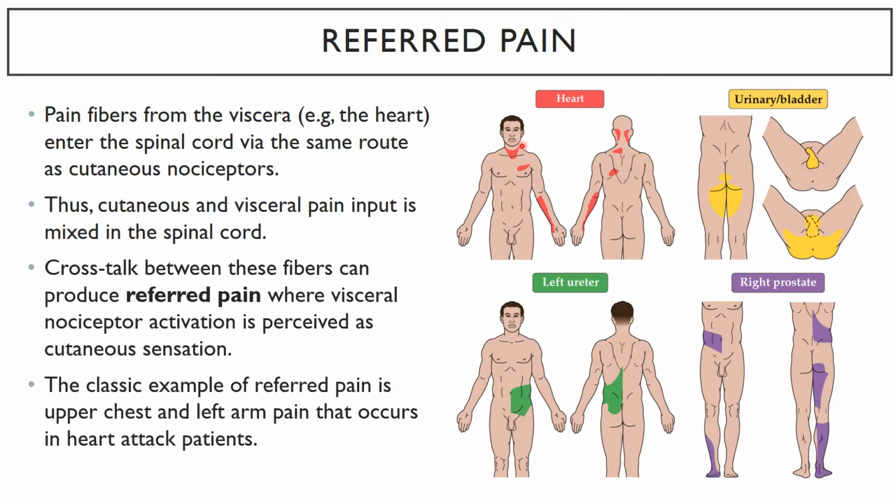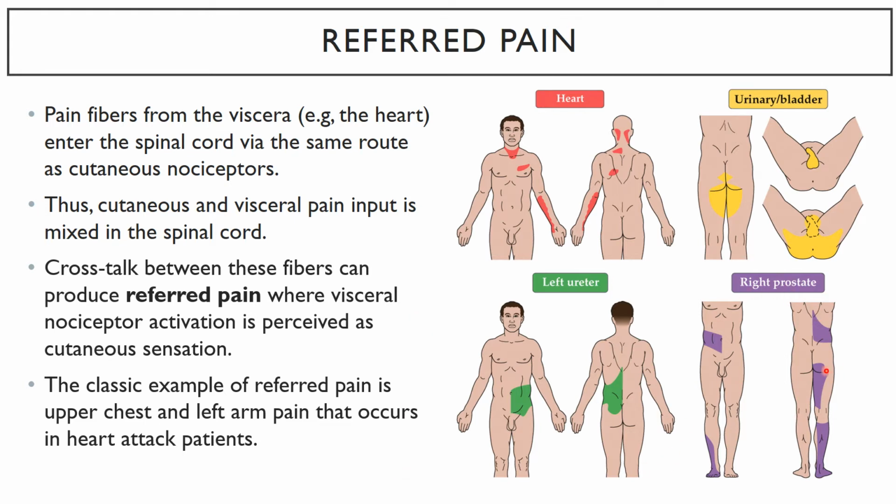So for adult males especially, they may feel pain sensation on the left side of their body, and especially in the arm. That can be an indication that you're having a heart attack. Urinary bladder pain sensation will be perceived in the urogenital and anal areas.